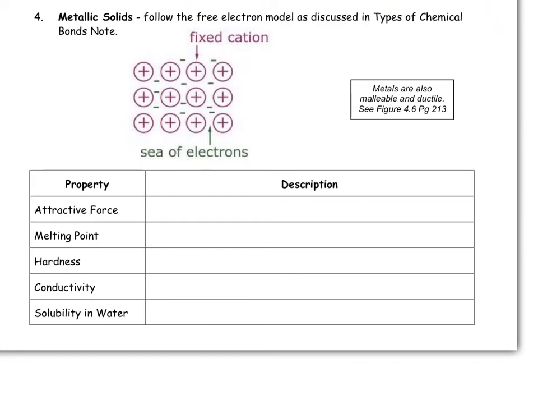Now the attractive force that holds this crystal together is the full charge attraction between each cation and the free electron sea, which is known as a metallic bond. Metallic bonds range in their strength, but they are fairly strong attractions. So because I have a strong attraction, the melting point is going to be high.